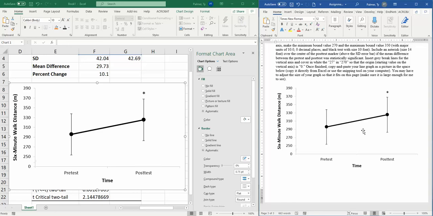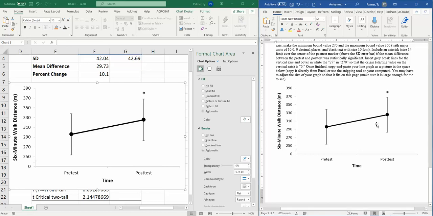Let's try a different program, and then we can do a similar analysis, a dependent samples t-test, to see if that program is effective at improving 6-minute walk distance, improving performance. So there are lots of important implications we can get from doing these types of studies that use dependent samples t-test analyses.